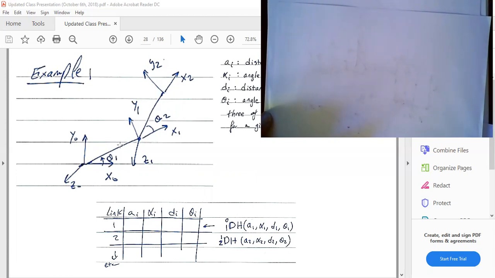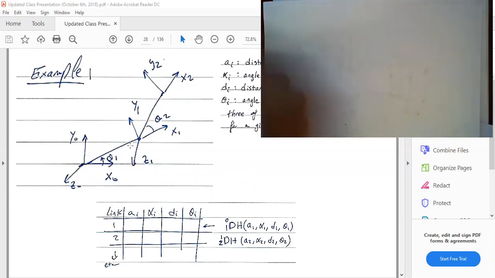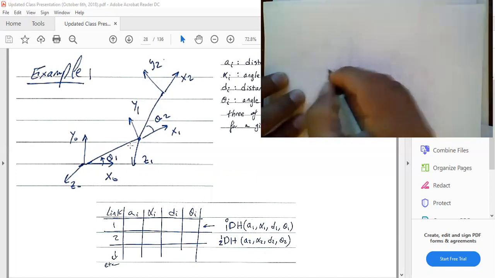This guy could be prismatic, so it would be like RRP or whatever. Most of the robots that we deal with nowadays are rotational, but there are still a lot of robots that have prismatic joints, and usually they are used in pick and place applications, etc. So how would this guy look if I were to draw it?